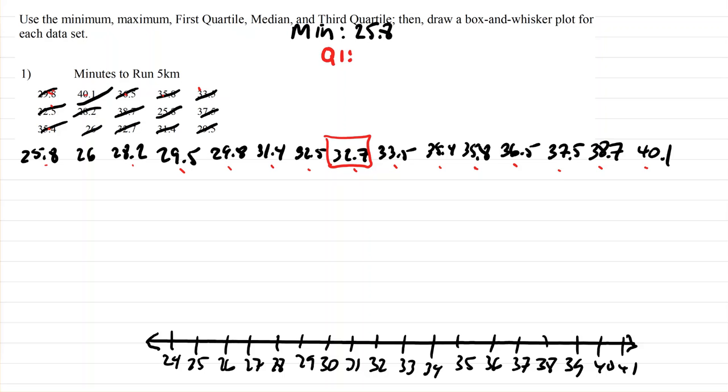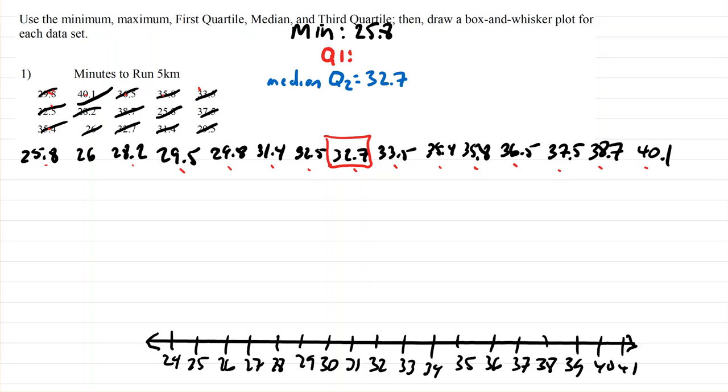The next one we're going to find is Q2, which, by the way, is the median. So for Q2, we're going to use 32.7. By the way, I'm just color coding them so you can see them easier.